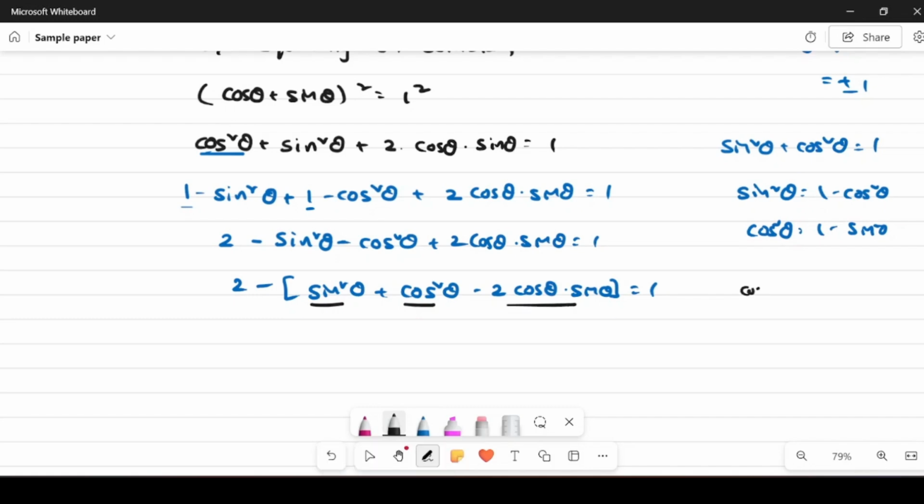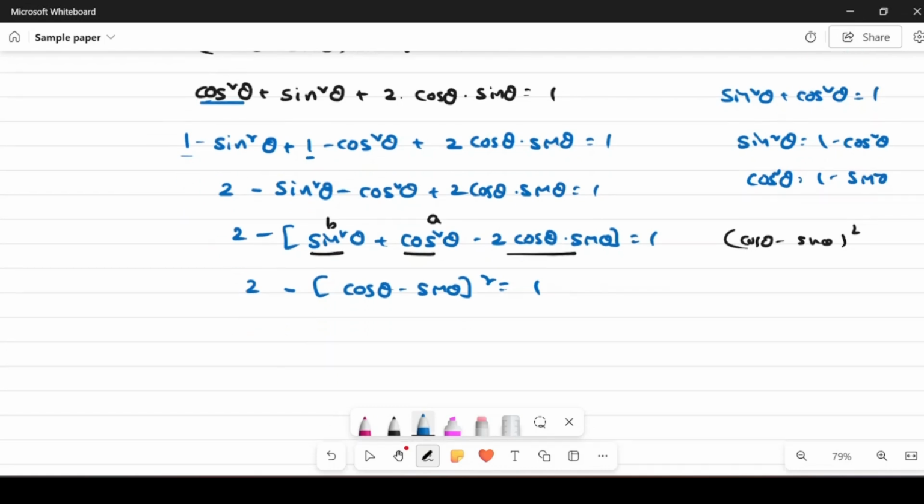But we want cos theta minus sin theta whole square. So let's say our cos is a, and sin is b. Then a square plus b square minus 2ab. So this is in the form of a minus b whole square, where a is cos theta and b is sin theta. So we can write 2 minus of cos theta minus sin theta whole square is equal to 1.